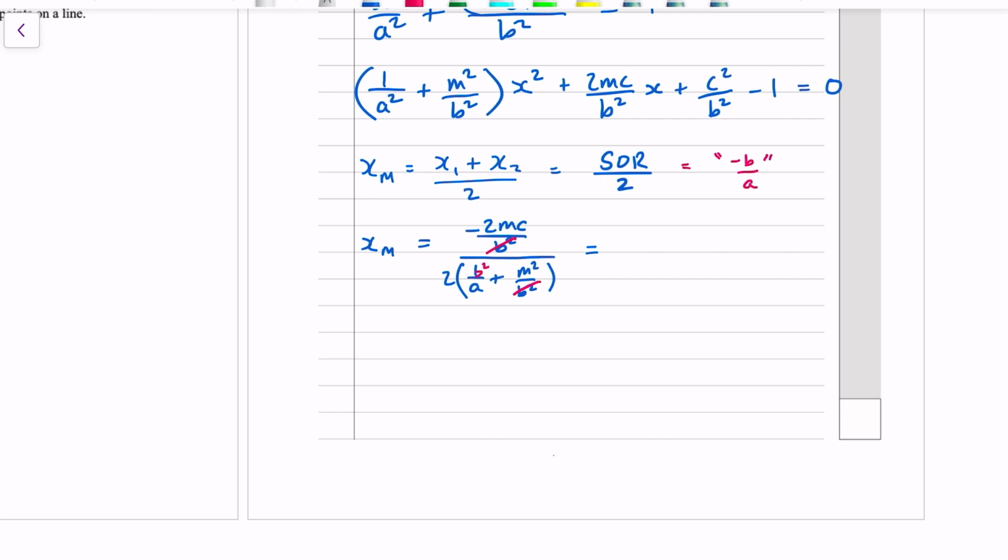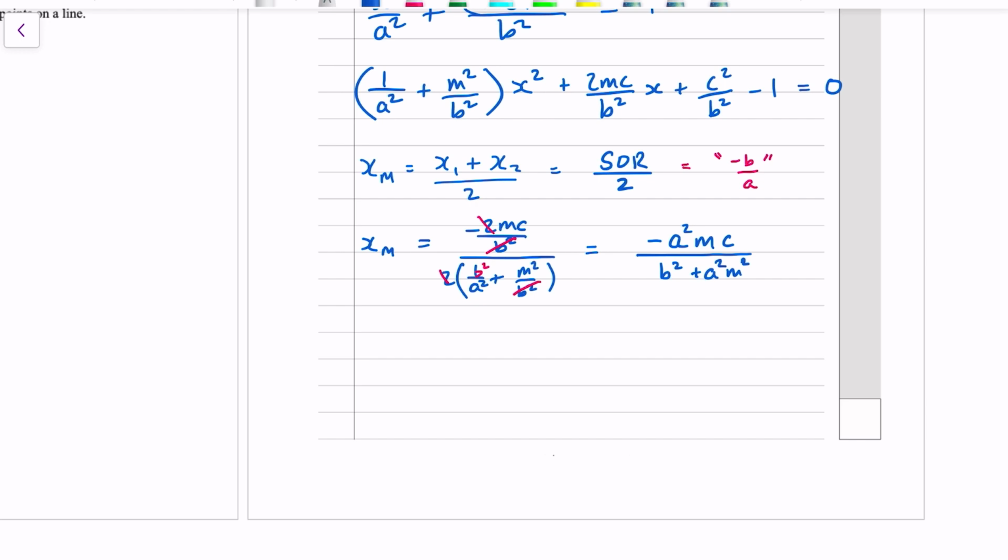I can also times top and bottom by a squared as well. The 2s will cancel too, and I'm left with minus a squared mc, because I'm putting the a squared on top to get rid of it in that bottom fraction, over b squared plus a squared m squared.